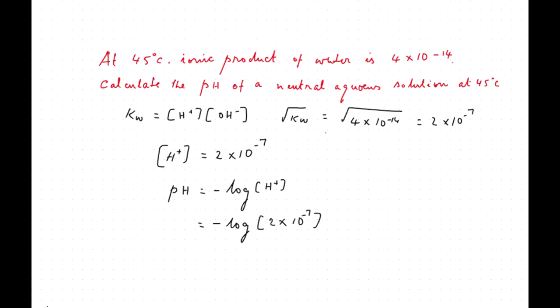So it is 7 minus 0.3, so it is 6.7. So the pH of water at 45 degree centigrade having the ionic product of water 4 into 10 power minus 14 is 6.7, which means that the water is slightly acidic. Water is slightly acidic.